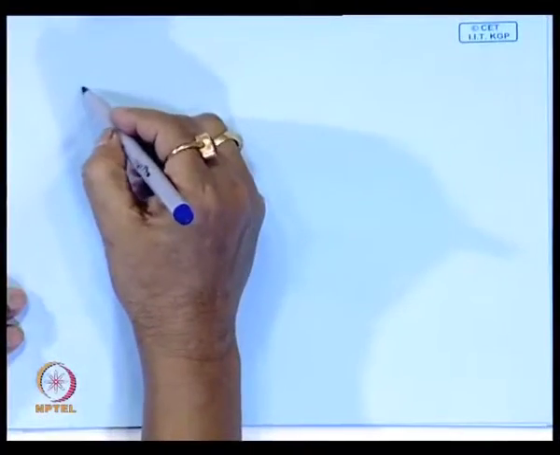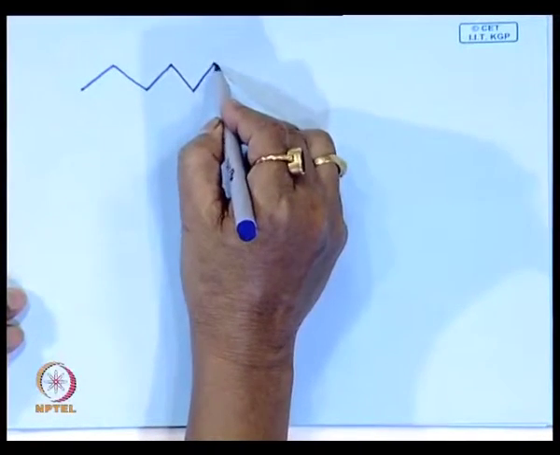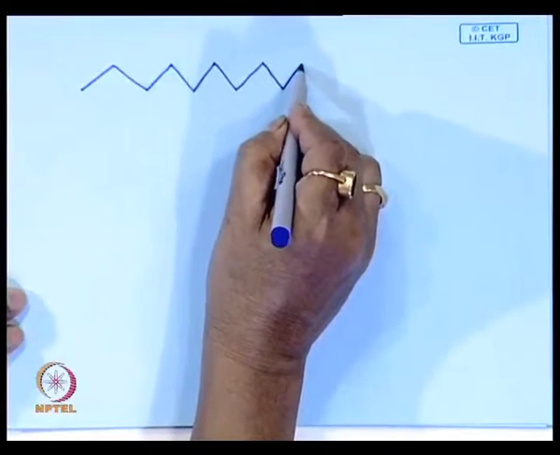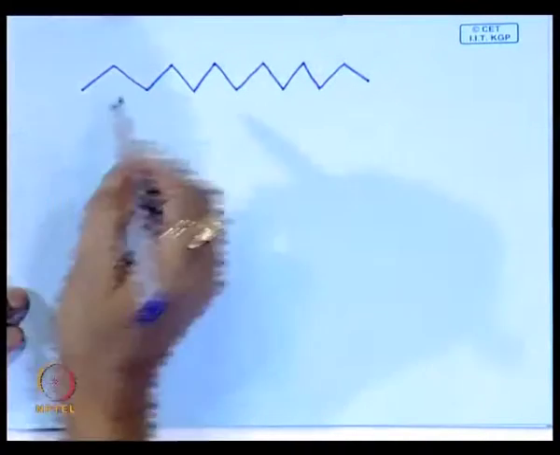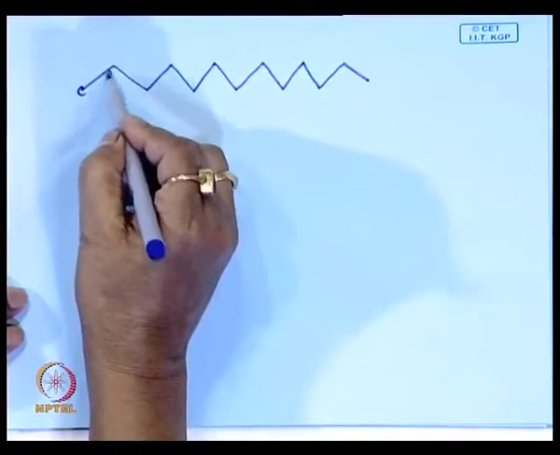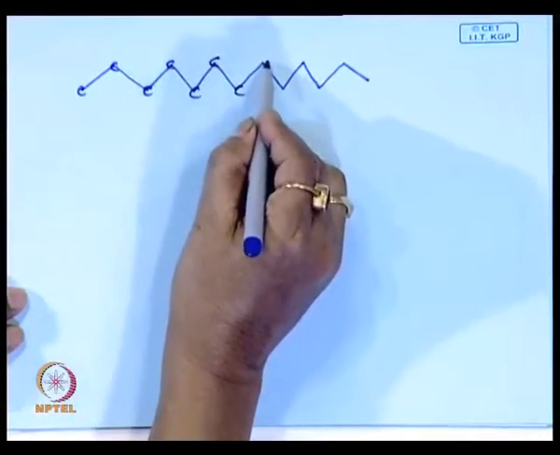You can calculate the length of a polyethylene molecule. I am giving you some input. You take the bond distance between carbon and carbon, it is 1.54 angstrom, and a bond angle. Suppose a fully extended polyethylene molecule looks like this: here is one C, one C, C, C, C, like this.